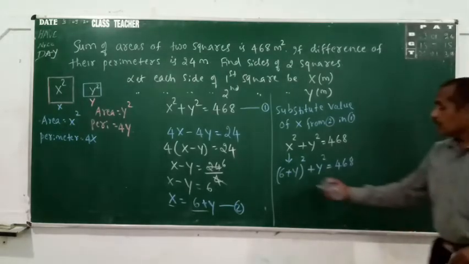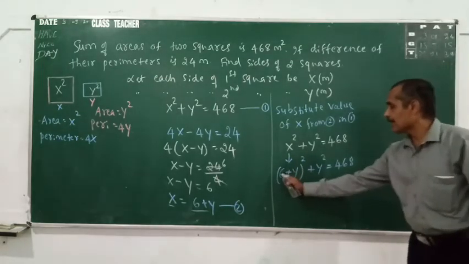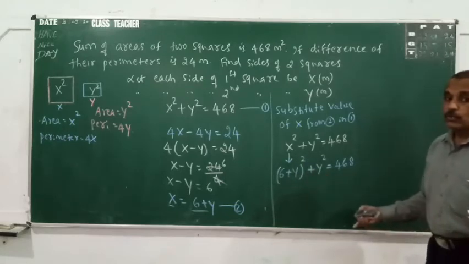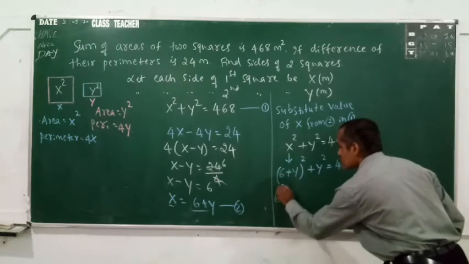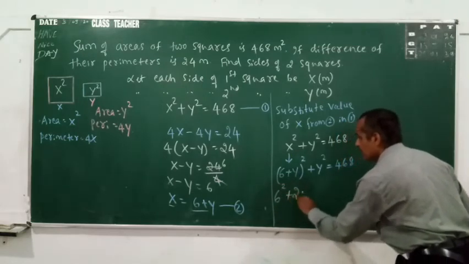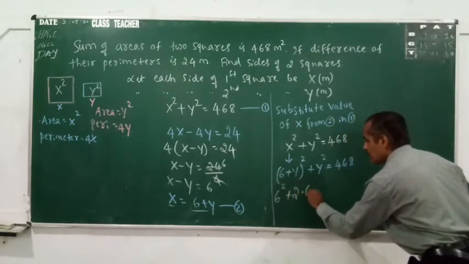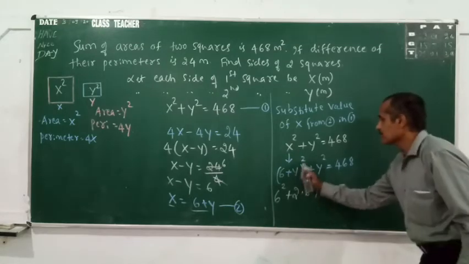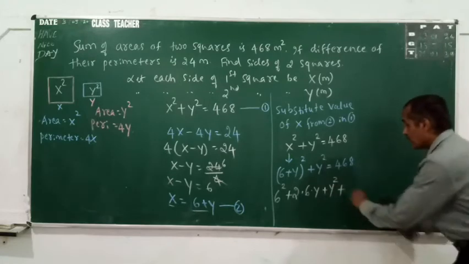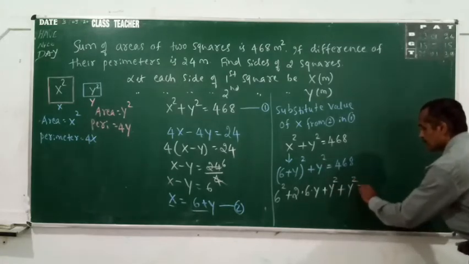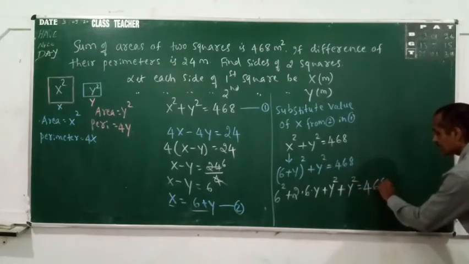Come on. (a plus b) the whole square, you know, is a square plus 2ab plus b square. So a square is 6 square, plus 2ab, 2 into a into b, plus b square, plus again y square is equal to 468.